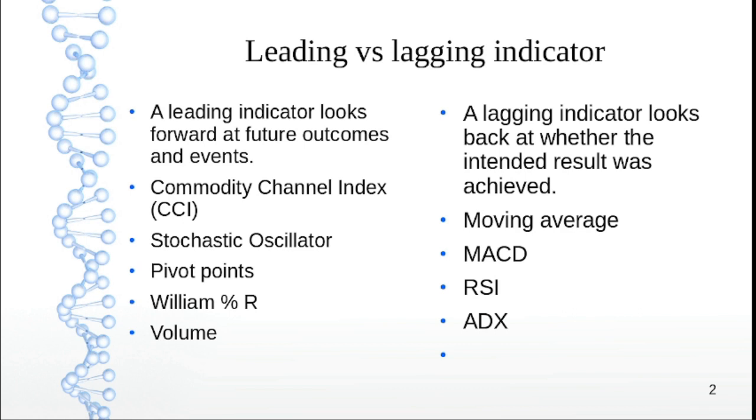So it is very good in catching the trend and finding the top and bottom for your trade, like when to enter and when to exit. One can easily find this by using these indicators.